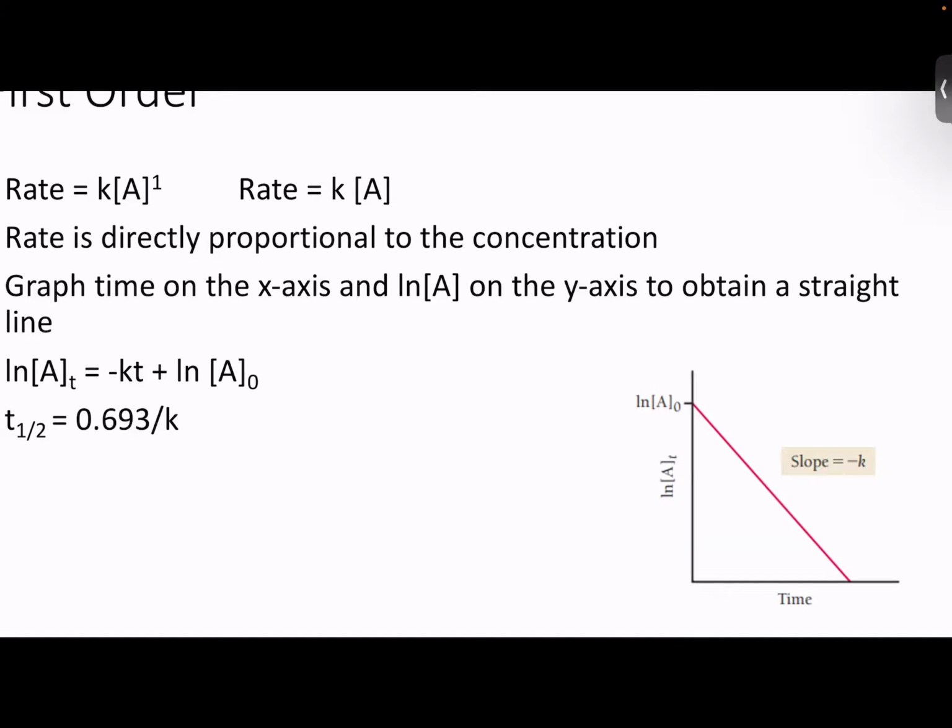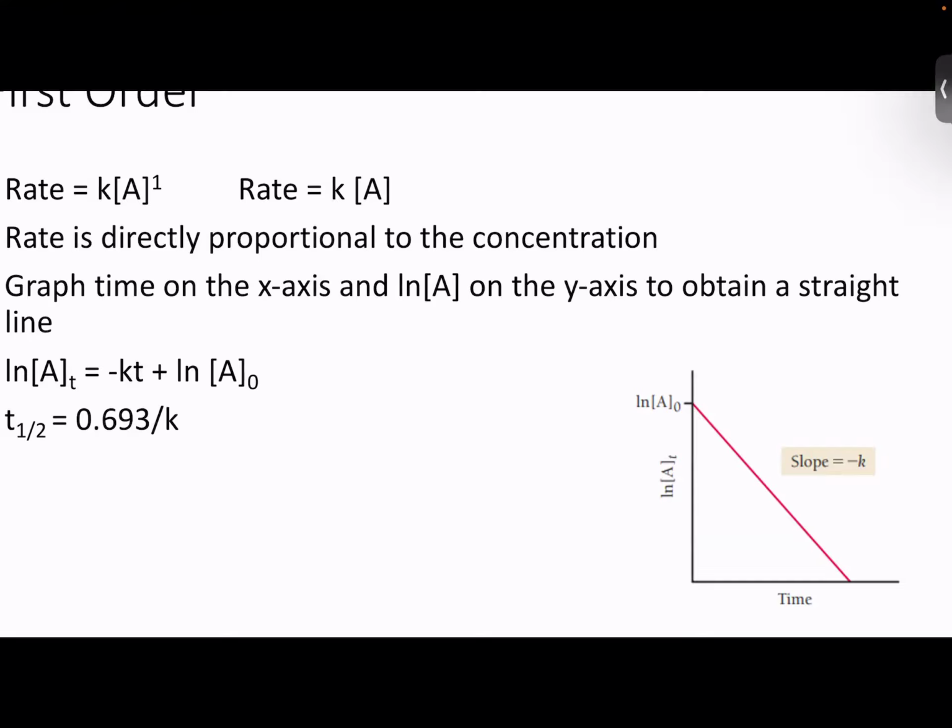The integrated rate law, therefore, is y equals mx plus b. So y is the natural log of concentration at any given time, is equal to m, the slope, which is equal to a negative rate constant, times x, which is your time, plus the natural log of the initial concentration, which is your y-intercept.